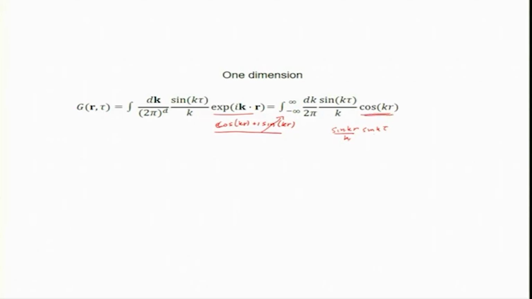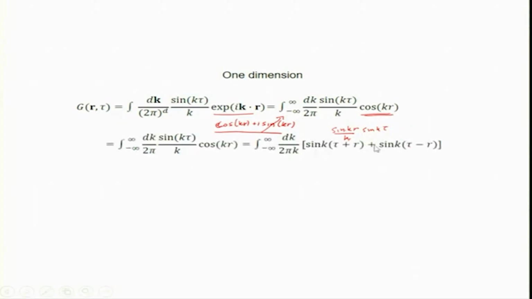Okay. So now the real part. Let's do it in 2 steps. I use the product formula. So if I use the product formula, I will get sin k(tau plus r) plus sin k(tau minus r).